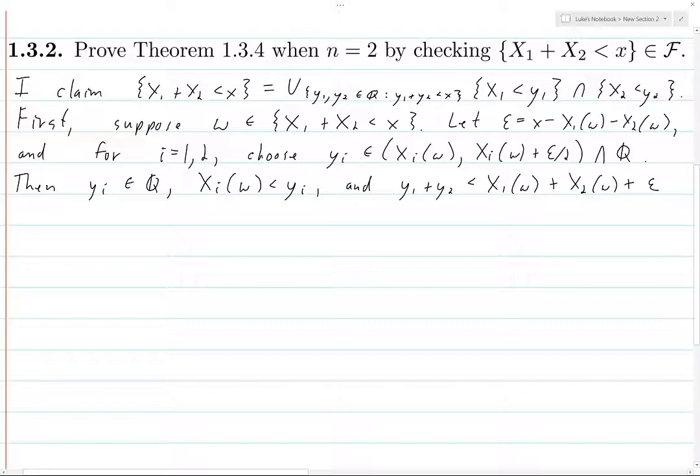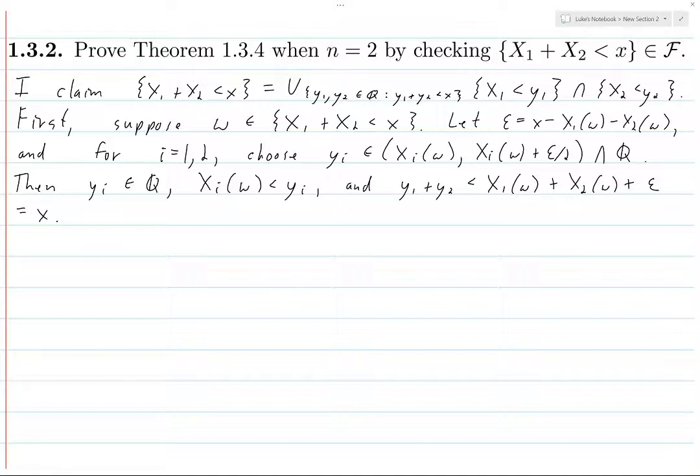But epsilon is x minus x1 of omega minus x2 of omega, so this is precisely x. I'm going to go back to saying omega because there's no uppercase omega here.